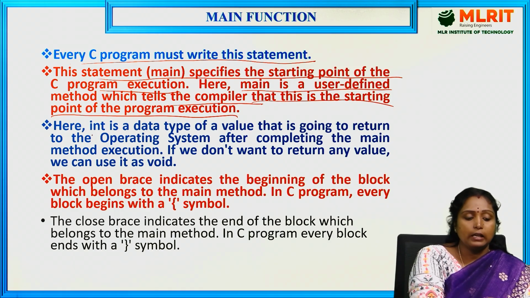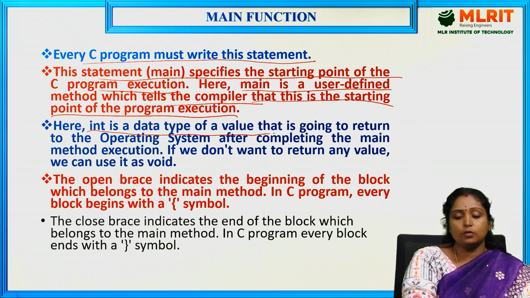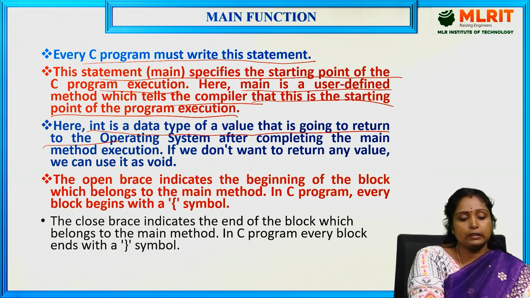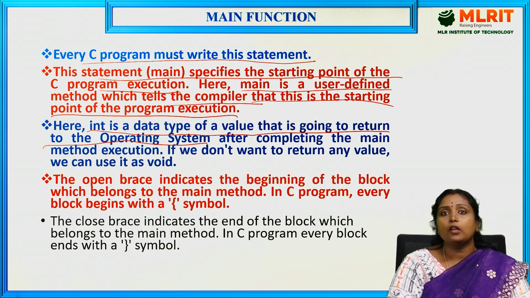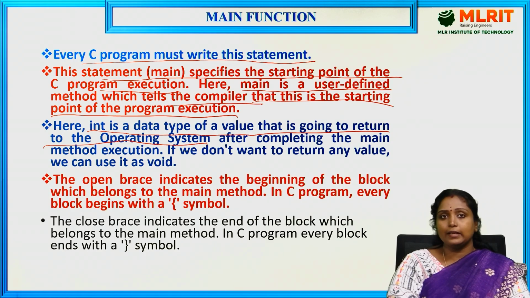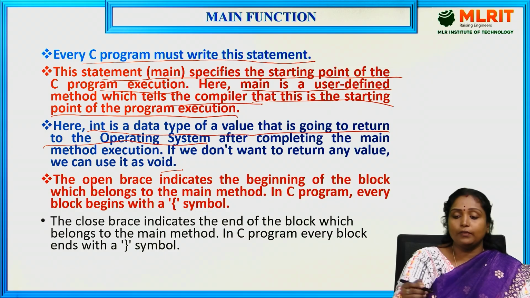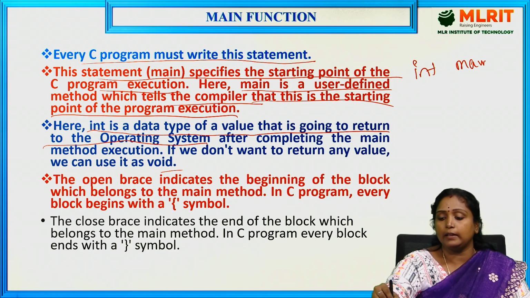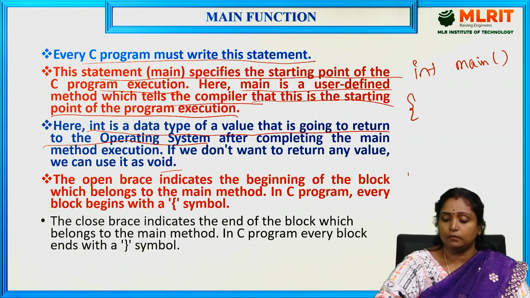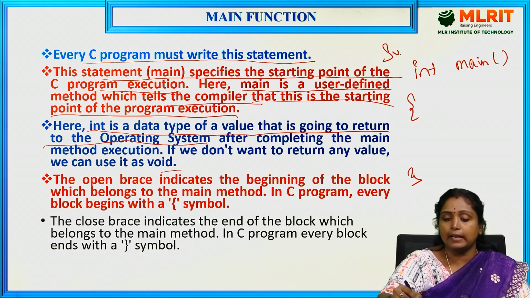Here int is the data type of a value that is returned to the operating system after completion of the main method execution. If we don't want to return any value, we can use void. So you declare it as int main. This is the syntax.